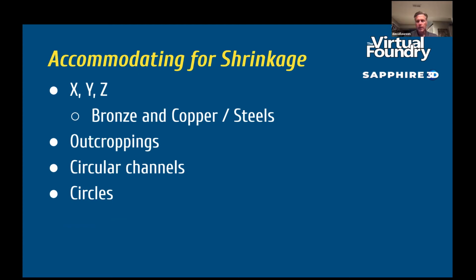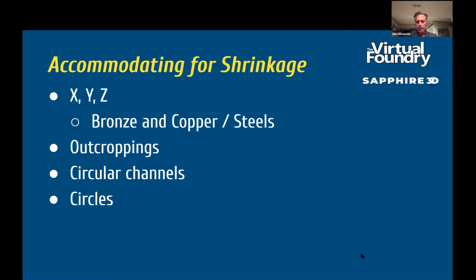So what I recommend everybody does is, it doesn't take much time, but print your part. What I've done is I will measure the X, Y, and Z right after printing, compare it to the model. And then after sintering, I'll measure those same dimensions and create a spreadsheet and just keep a table.